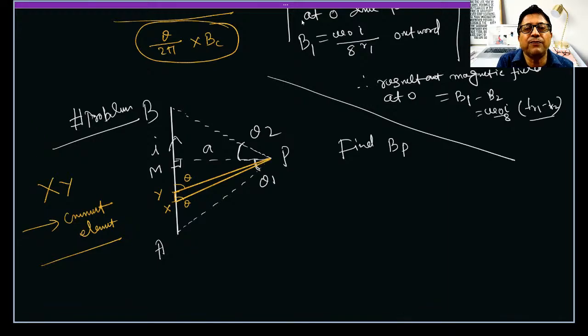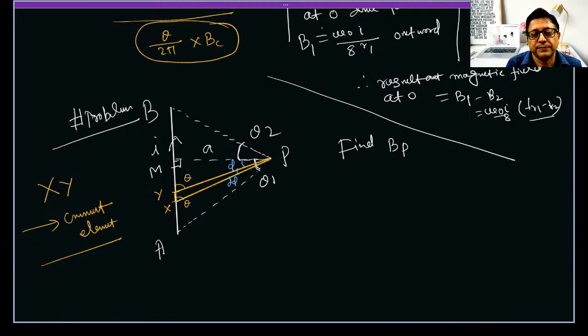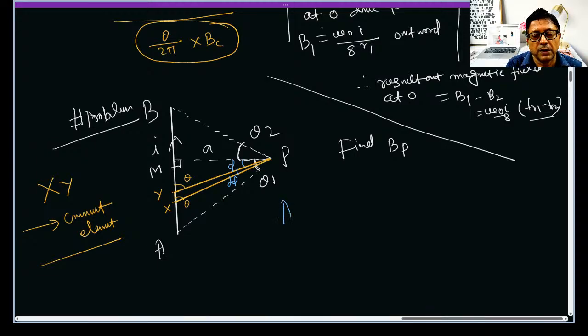This one is phi. This part is phi. This one is d phi. Okay. Write the expression for magnetic field at P due to XY.